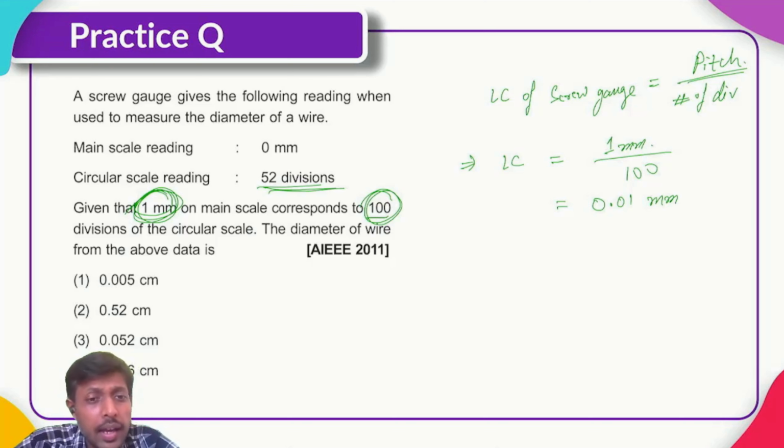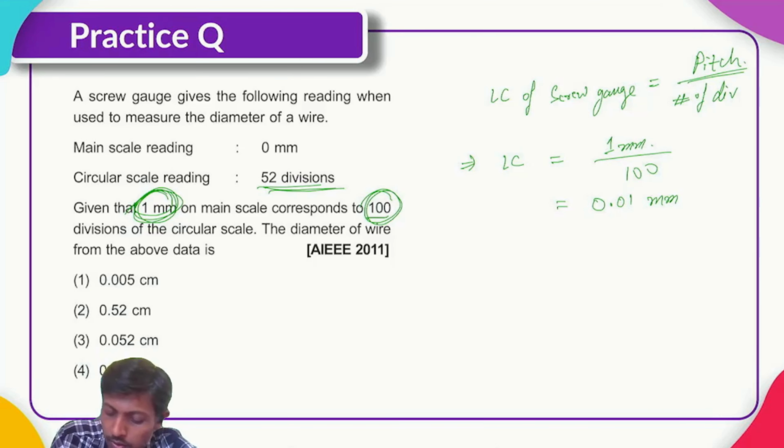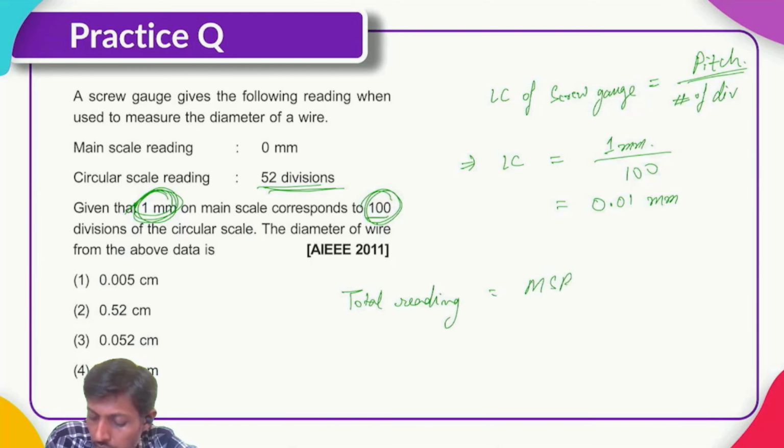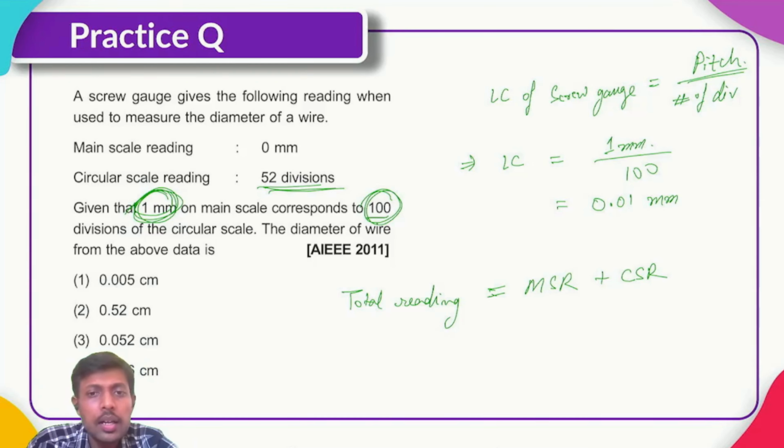Okay, and how do we calculate the total reading? Total reading is equal to main scale reading plus the circular scale reading, isn't it? Now the main scale reading is given as 0 mm, so let's put that down.